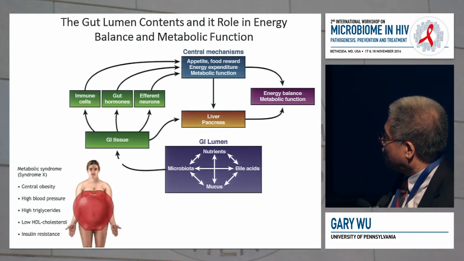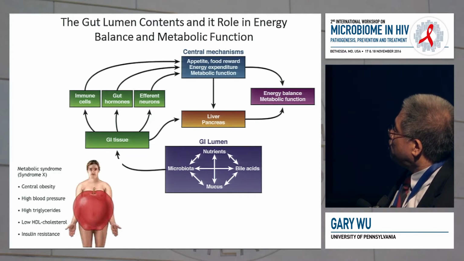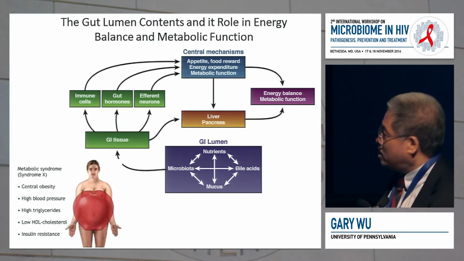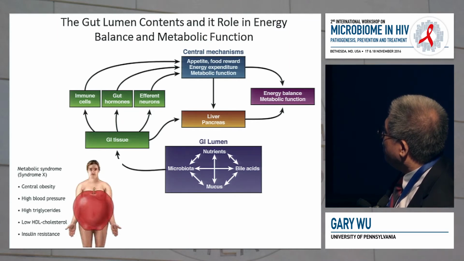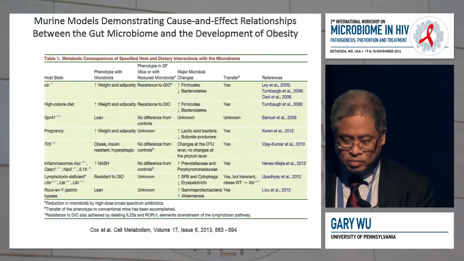Things that live in the gut lumen, and I'm going to touch upon each one of these, flow through intestinal tissue and can impact intestinal tissue and lead to alterations in immunity, as I mentioned, production of gut hormones. There are neuronal inputs that can affect centrally mediated mechanisms that affect energy balance. But these same types of products can also have an effect on the liver, both inputs leading to alterations in energy balance and then promoting metabolic syndrome.